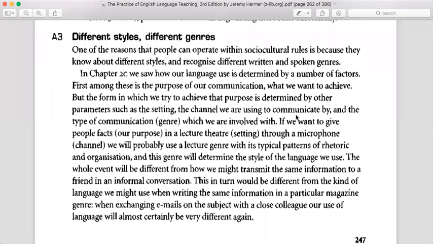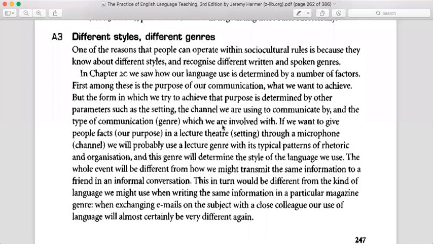So you need to see the settings and the channels that I have named, and the type of communication, the genres. It can be an interview, a telephonic conversation, a meeting. In writing, you can have applications, memorandum writing, informal letter writing, and formal letter writing. So you need to determine what it is, right?